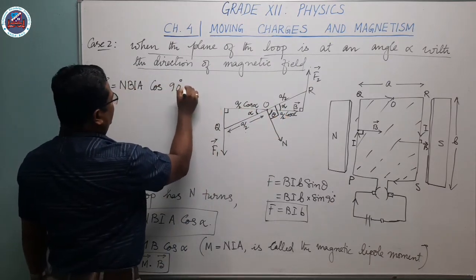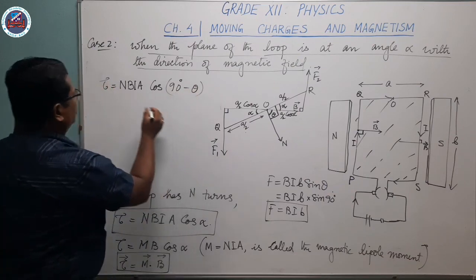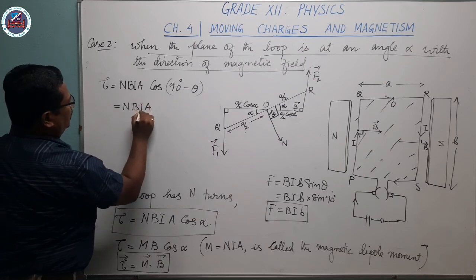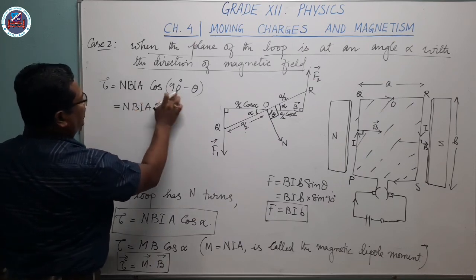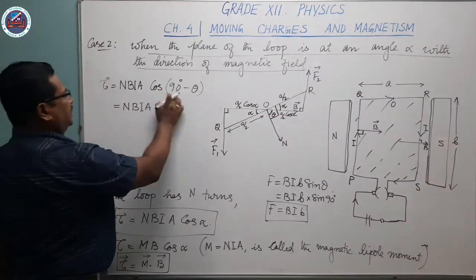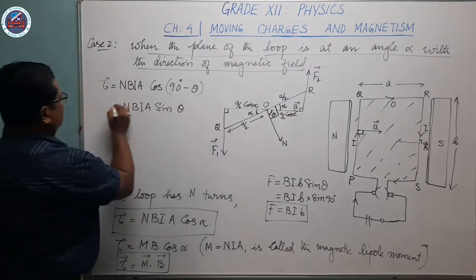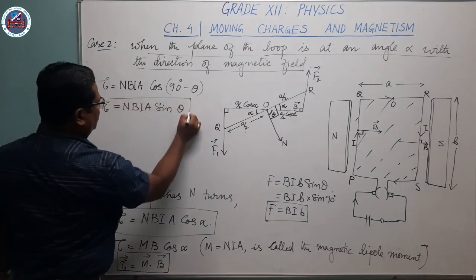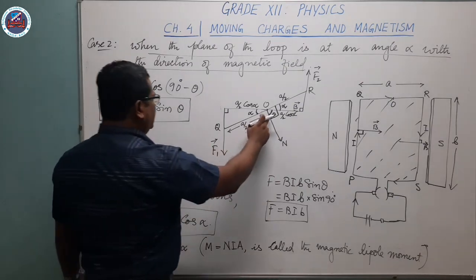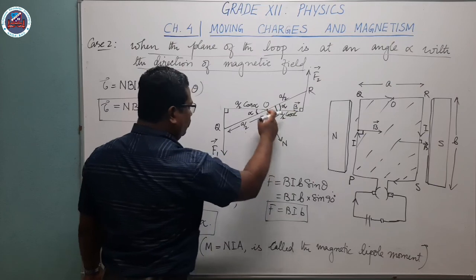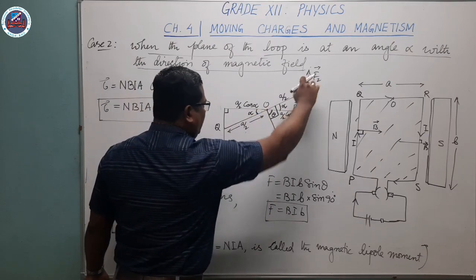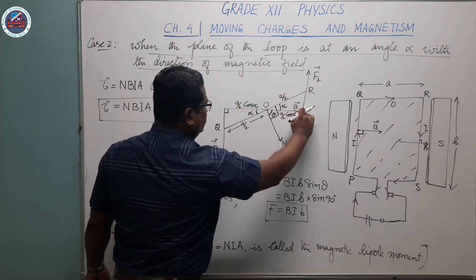So in this case, you get BIA, and if you write cos of 90 minus theta, your complementary angle which you learned in grade 10, cos 90 minus theta is sin theta. Like this also you can write, but you need to be very careful in doing the numericals whether this angle is with the direction of the magnetic field and the normal, or between the plane of the coil and the direction of the magnetic field.